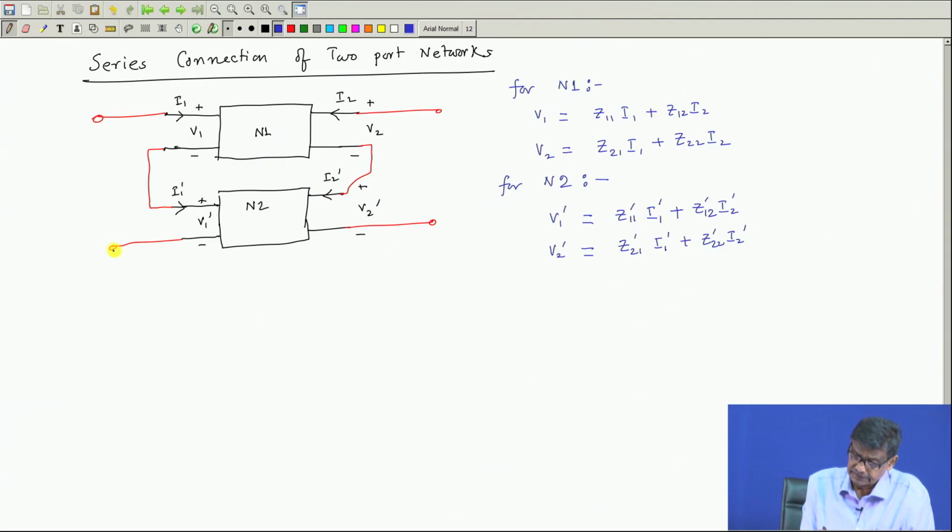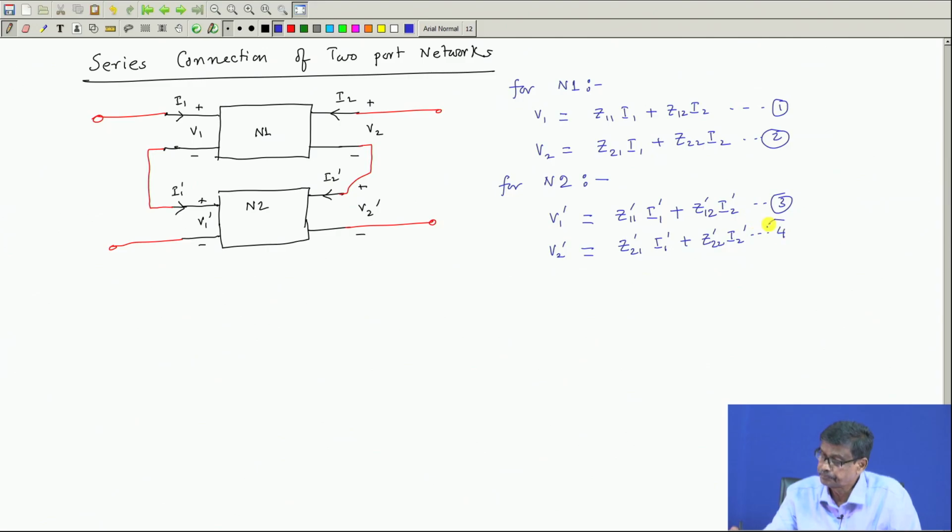So this is equation 1, 2, 3, 4. This is how I have written it.